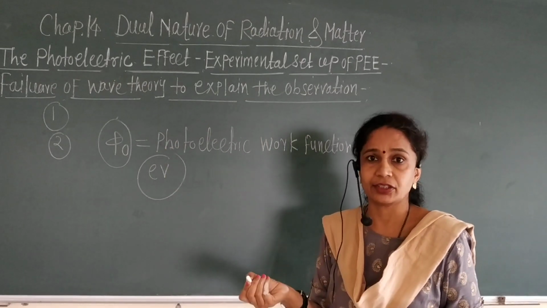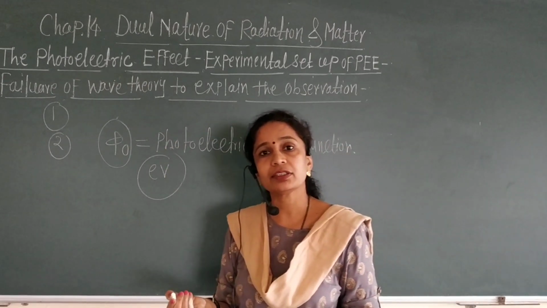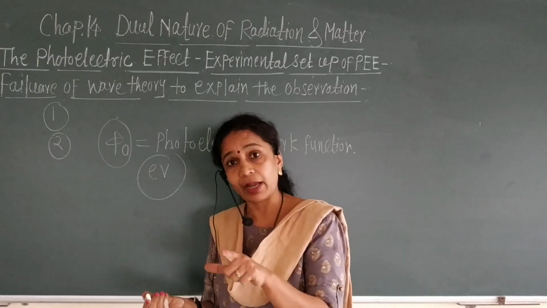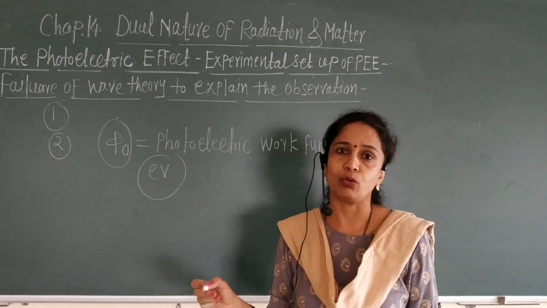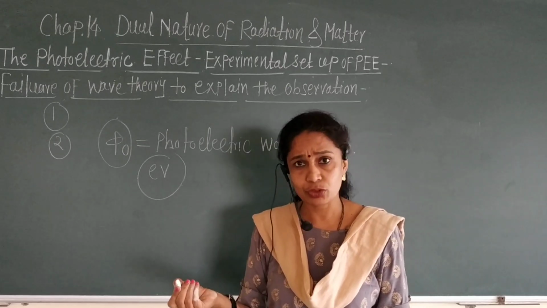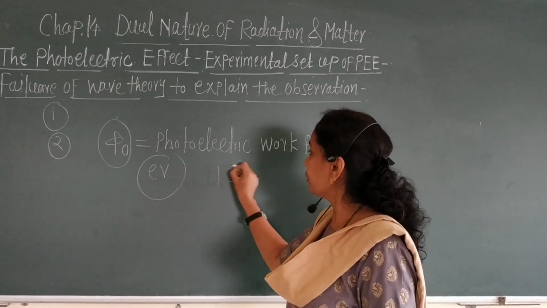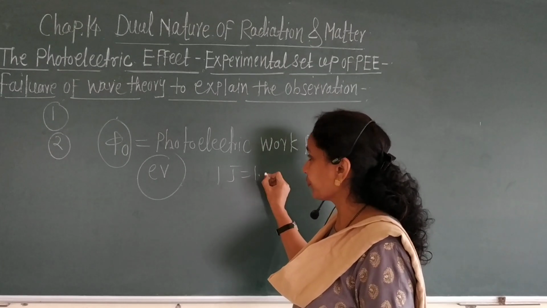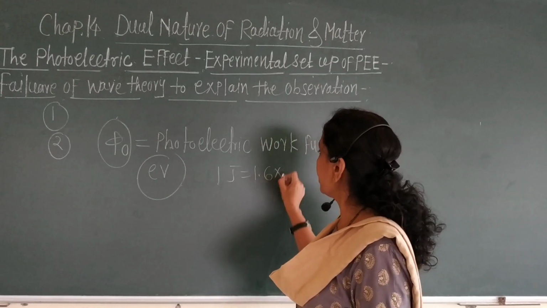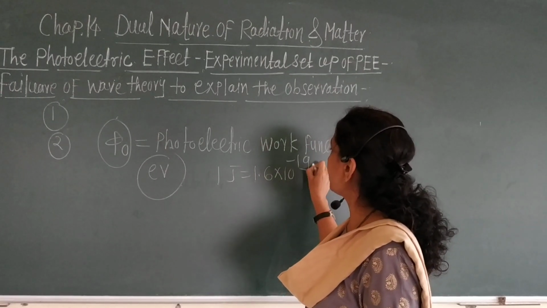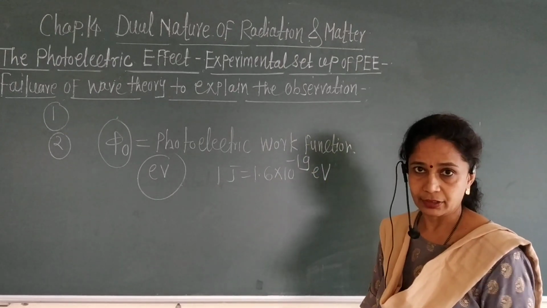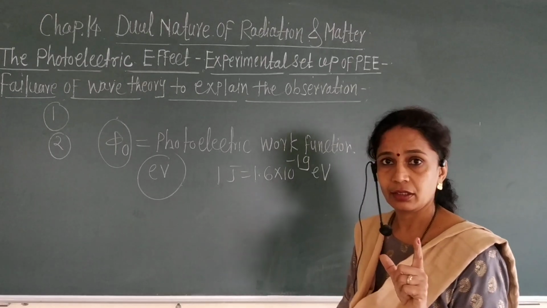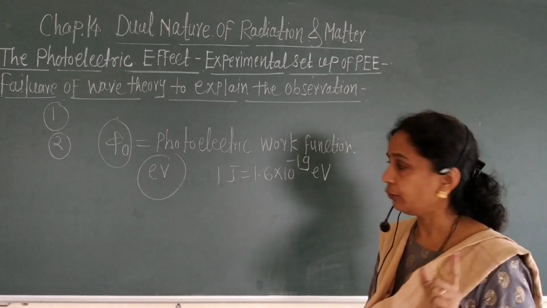It is an energy. The SI unit of energy is the joule, but this phi naught is measured in terms of electron volt, and it is a very, very small energy, because 1 electron volt is equal to 1.6 into 10 raised to minus 19 joule. This is the second failure of wave theory.